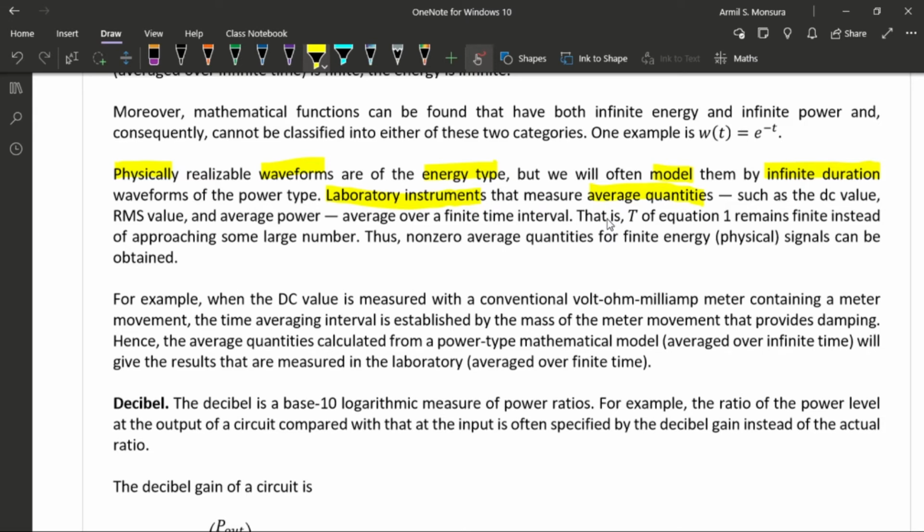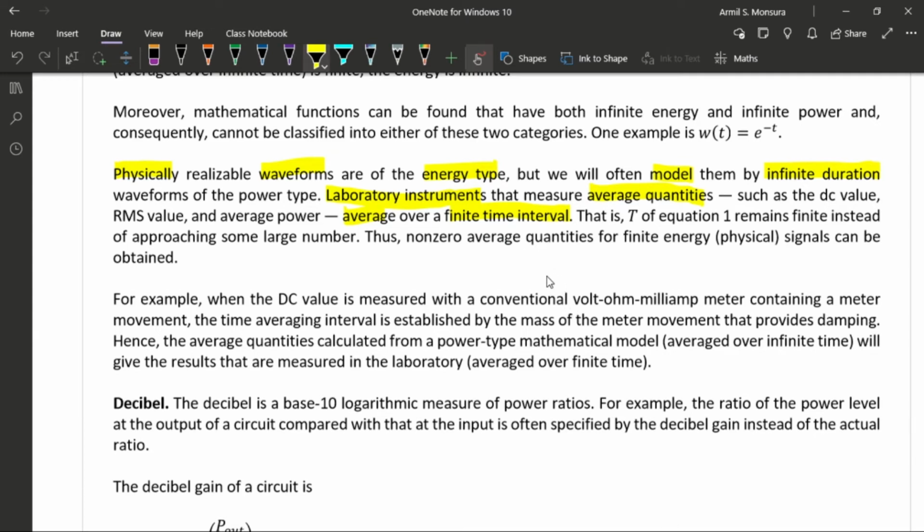The instruments actually measure this average over a finite time interval. Therefore, what our laboratory instruments average actually depends on how long the duration of the signal is that is being sampled by the instrument.